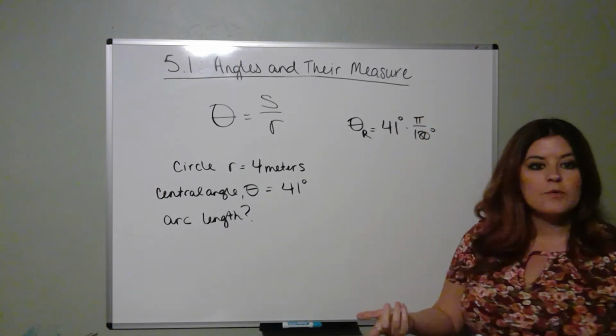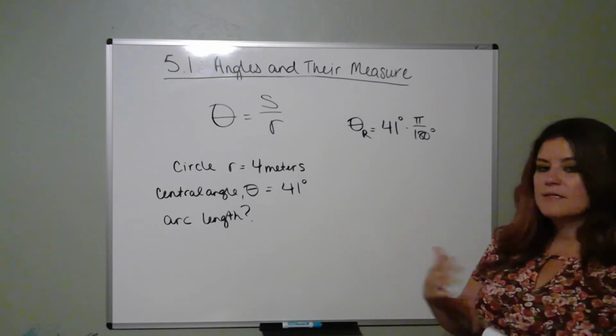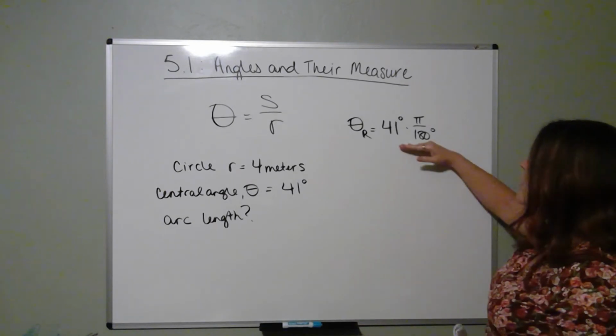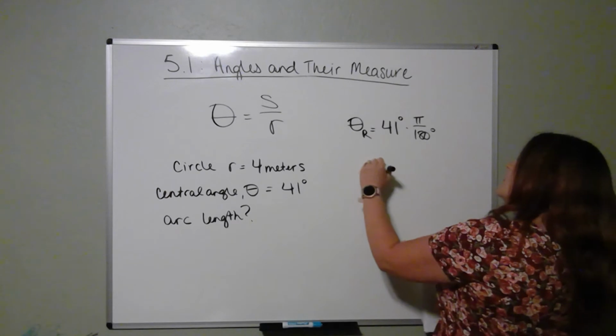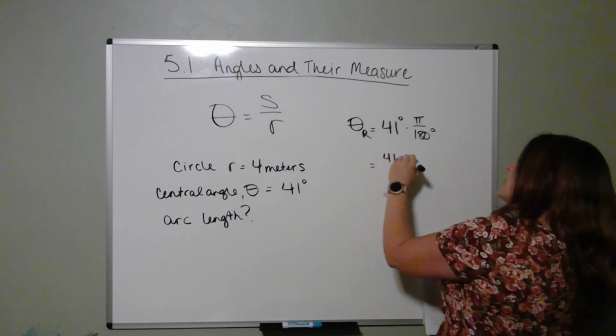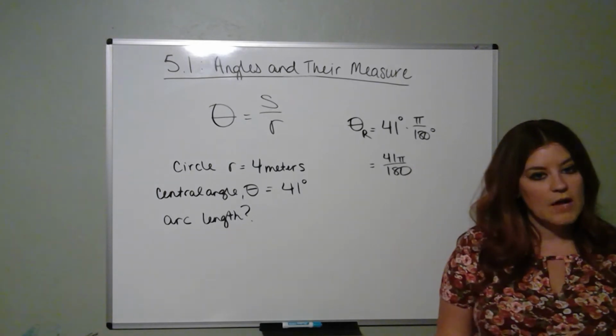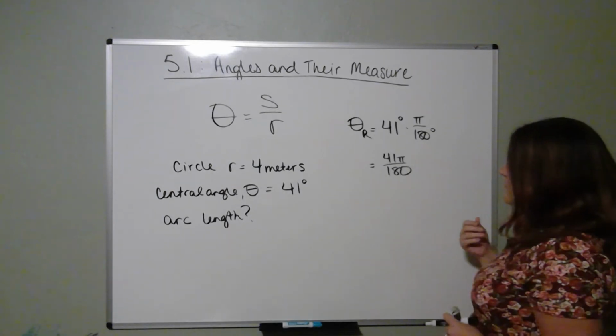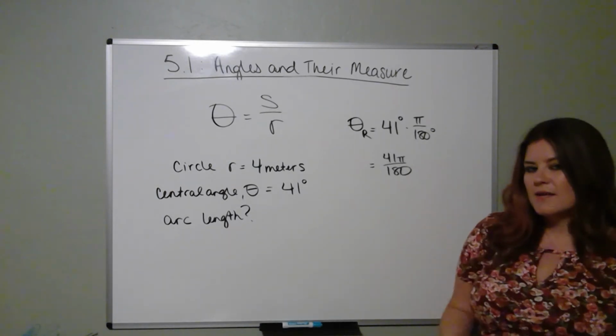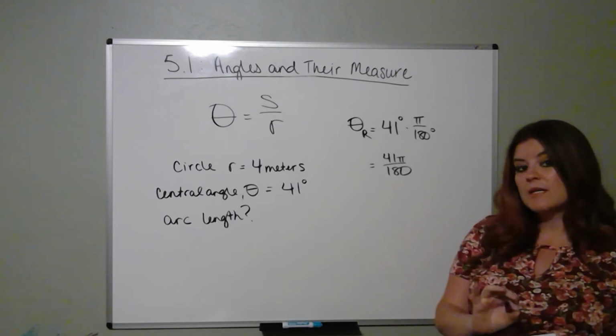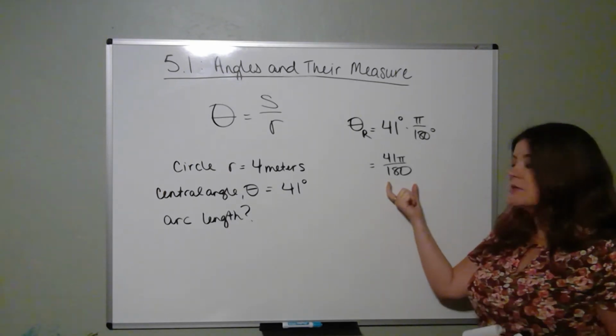This is a calculator question. Like I said, it's not exact. It's a rounded problem. So I can put 41 pi over 180 into my calculator and get a value. But instead of doing that, do you think it would be better to take this, which is exact, right?